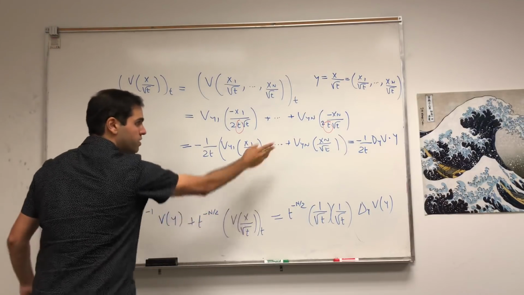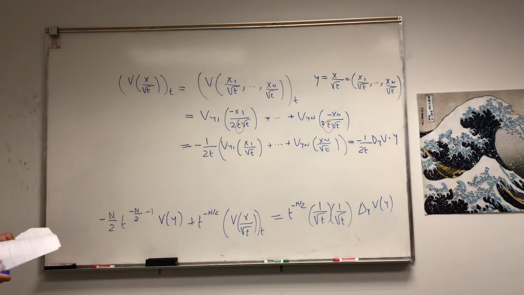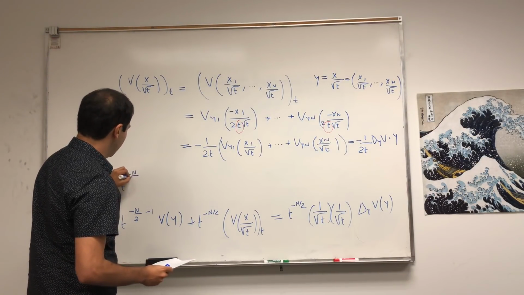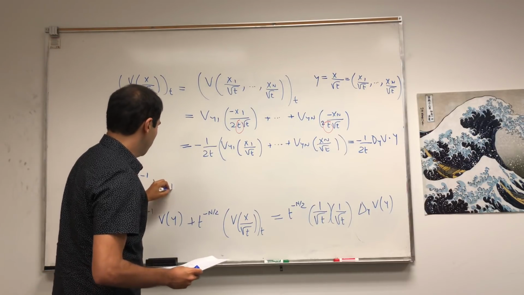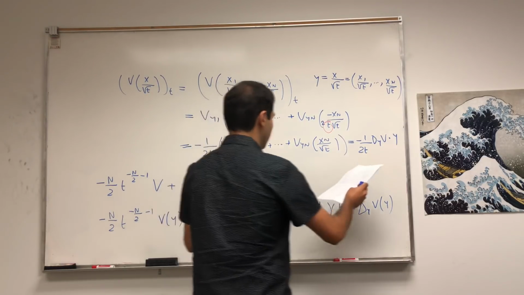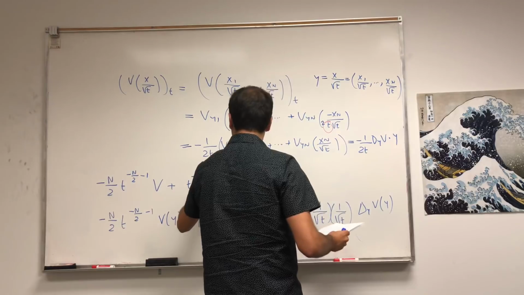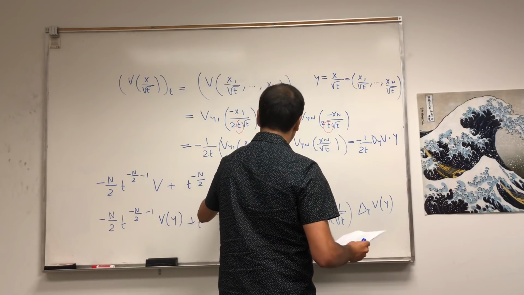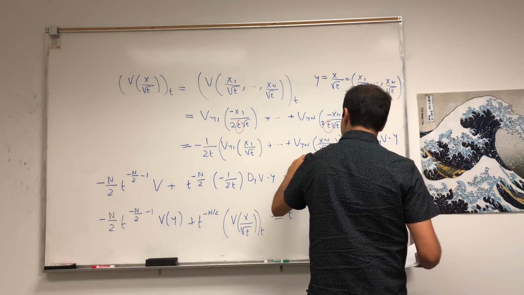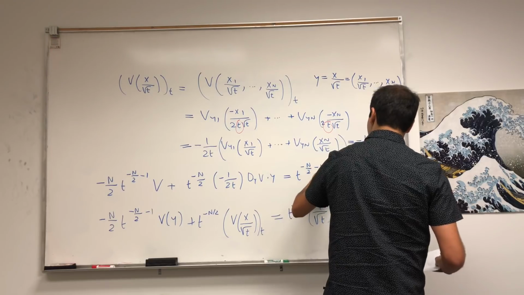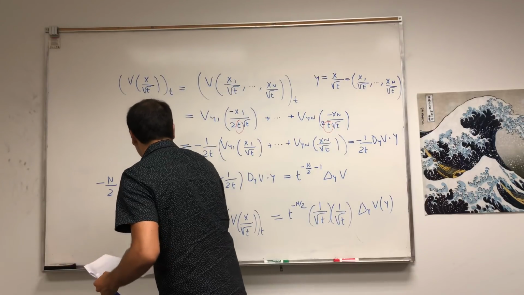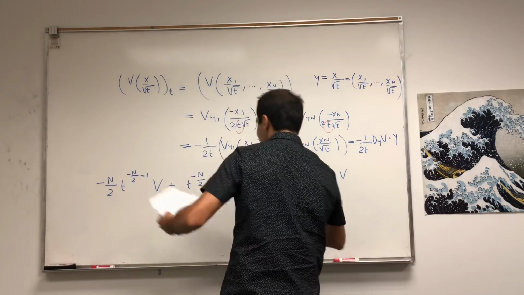So it turns out this term simplifies pretty nicely, and in the end what we have is minus n over 2, t to the minus n over 2 minus 1 v, plus t to the minus n over 2, again times minus 1 over 2t, gradient of v dotted with y. And here you also have t to the minus n over 2 minus 1 times the Laplacian of v. And we're almost there at the simplification part, because the t's are pretty annoying.